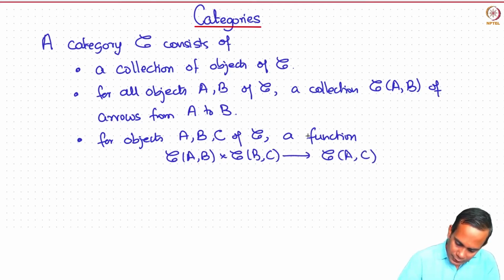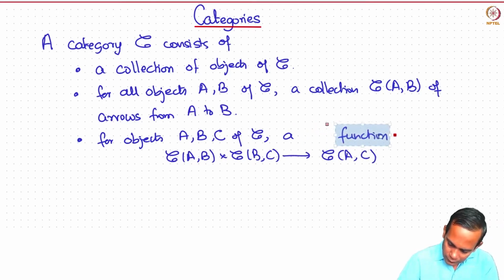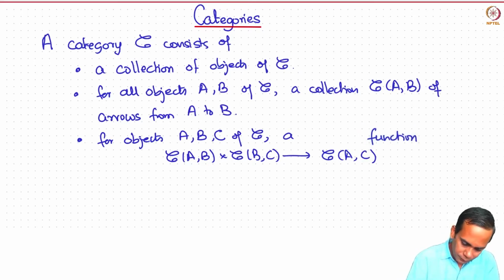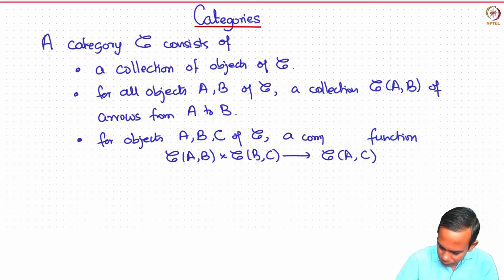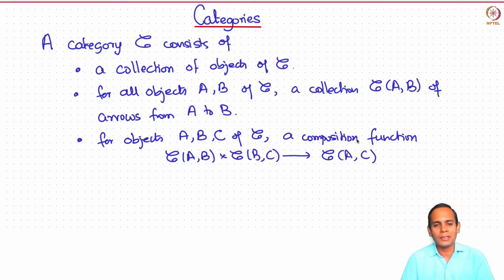So this function is actually a composition, so we'll call it a composition function. And this composition function is supposed to model the composition of functions. So if f is a function from a set A to the set B and g is a function from a set B to a set C, then g circle f would be a function from A to C. So that's the idea behind this, but here it's just an abstraction.